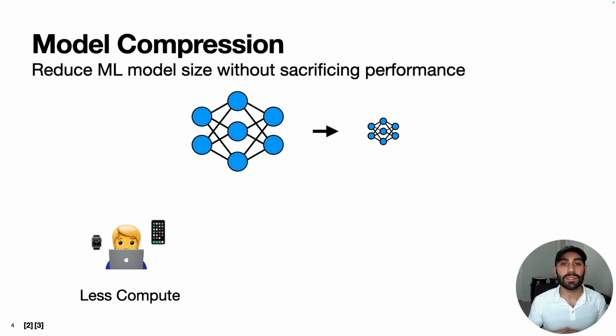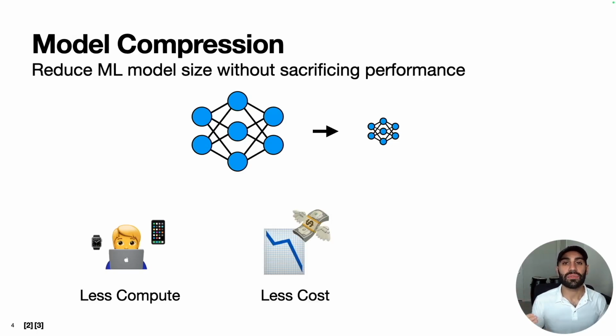Not only does this foster greater accessibility for this technology, it also promotes user privacy because these models can be run on device and user information does not need to be sent to a remote server for inference. This also means less financial cost, and of course, the negative environmental impact can be a lot smaller.